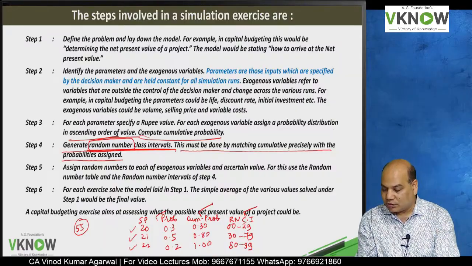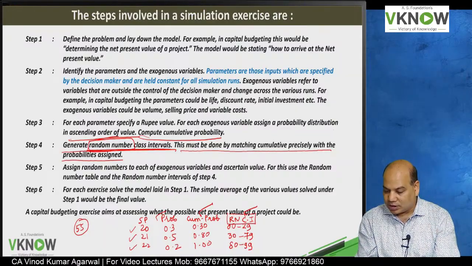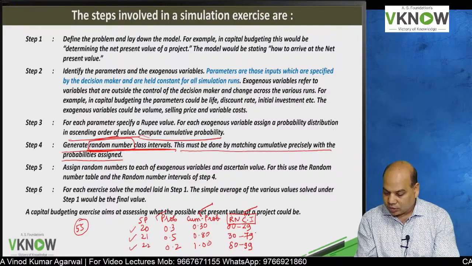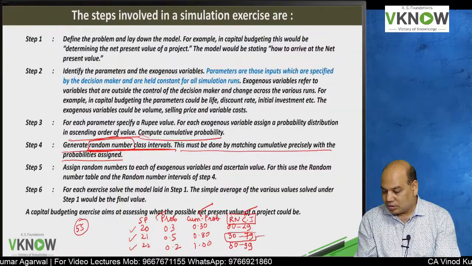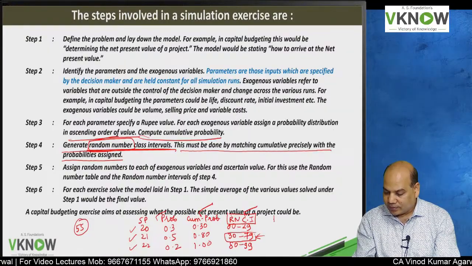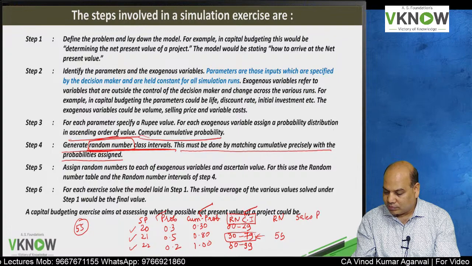I will see where 55 is in the random number class interval. 55 will fall in the class interval between 30 and 79. So if my random number is 55, selling price will be 21.